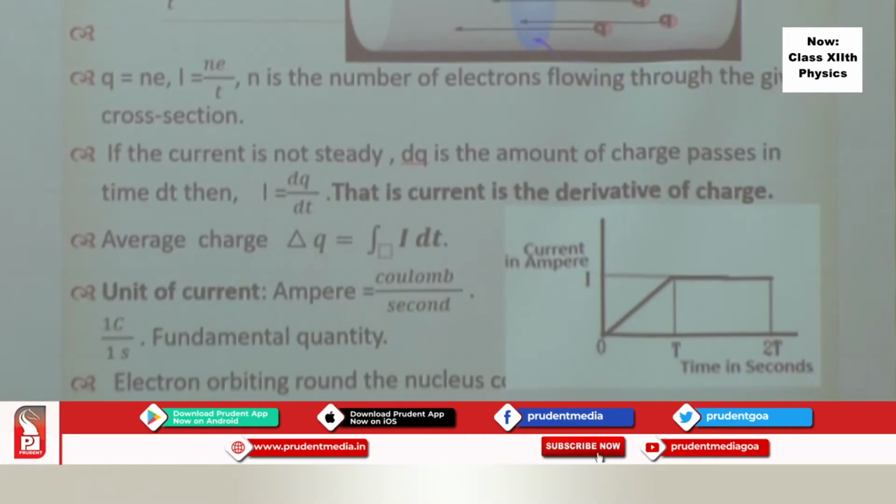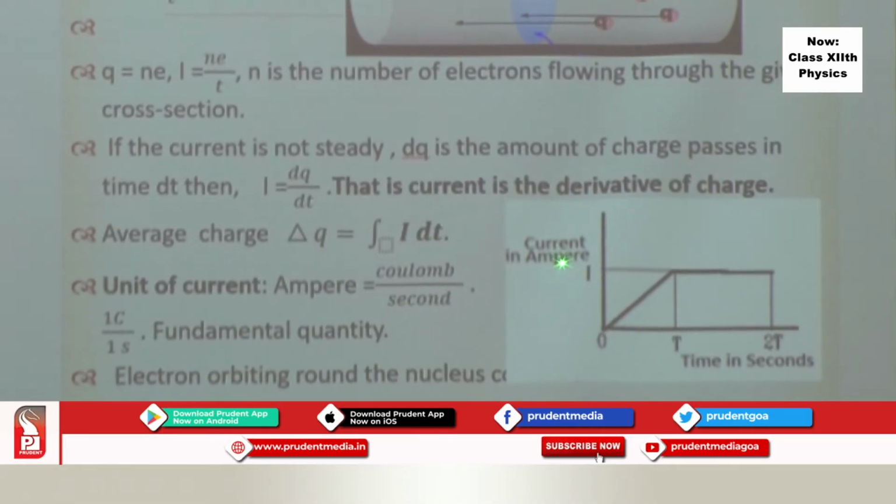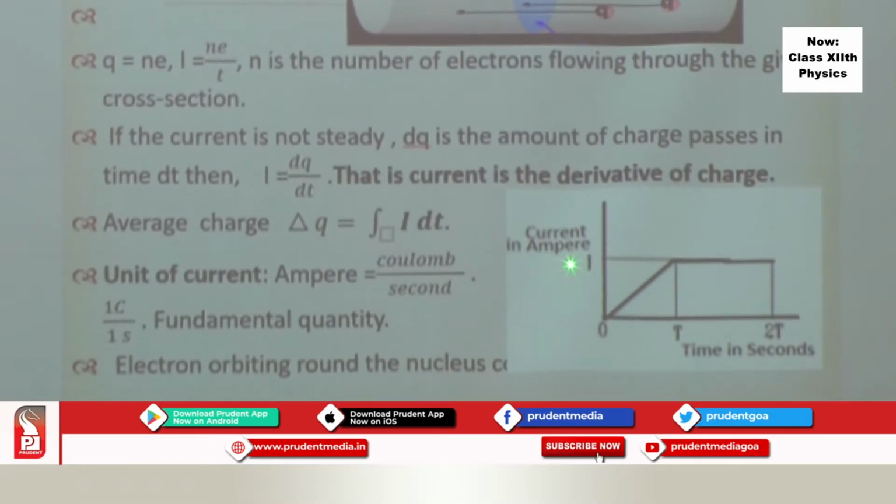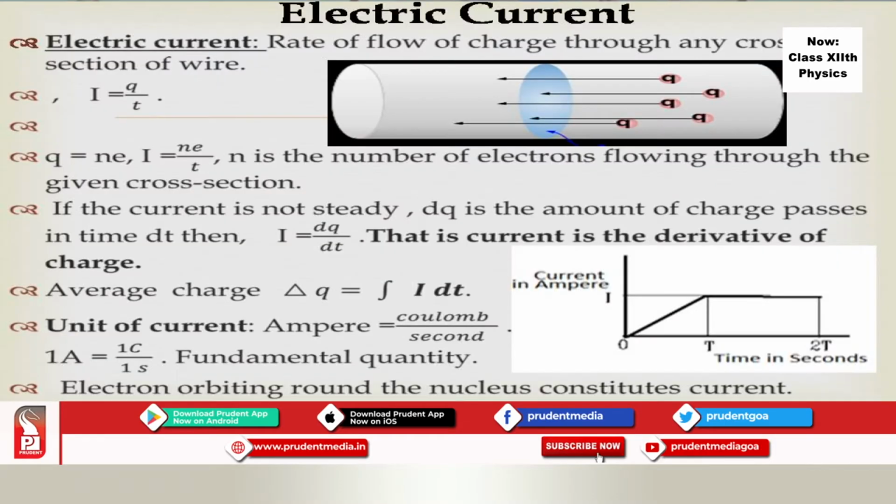If you plot a graph of current versus time for an unsteady current, and you want to find how much charge there is in time t seconds, you can just find the area under that graph, and you will be able to find the total charge that passes through the given cross-section in that time.